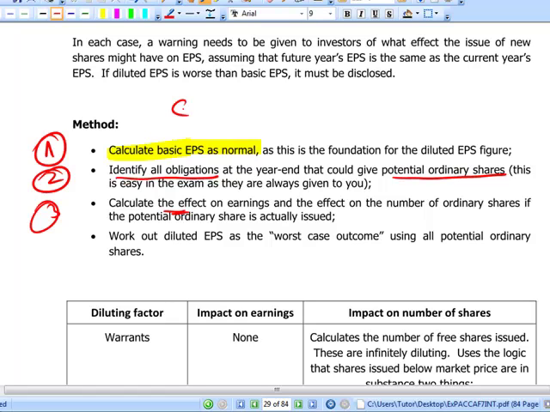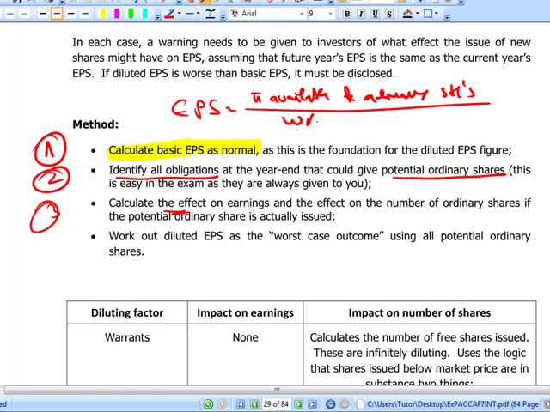So if you think, the formula for the basic EPS, okay, is the profit available to ordinary shareholders divided by the weighted average number of shares, okay?